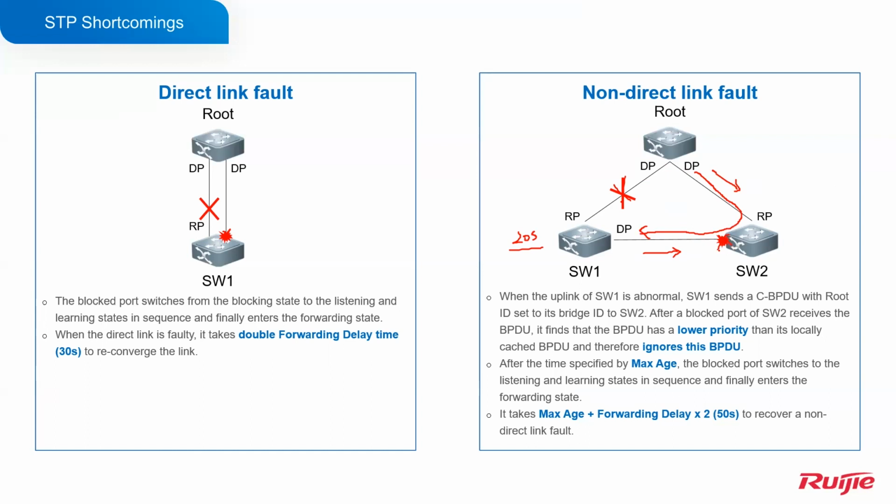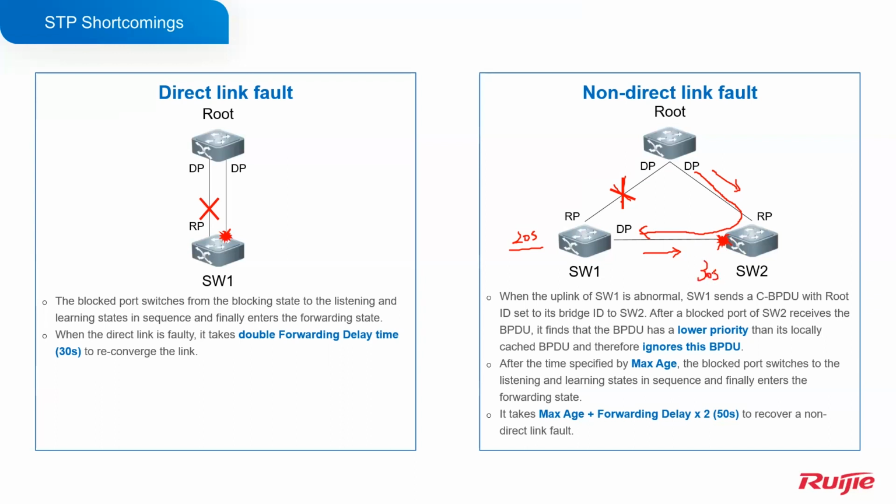And once SW2 opens the alternate port, it should take about 30 seconds, because at the beginning it is in blocking state, and from blocking to forwarding, it takes 30 seconds.